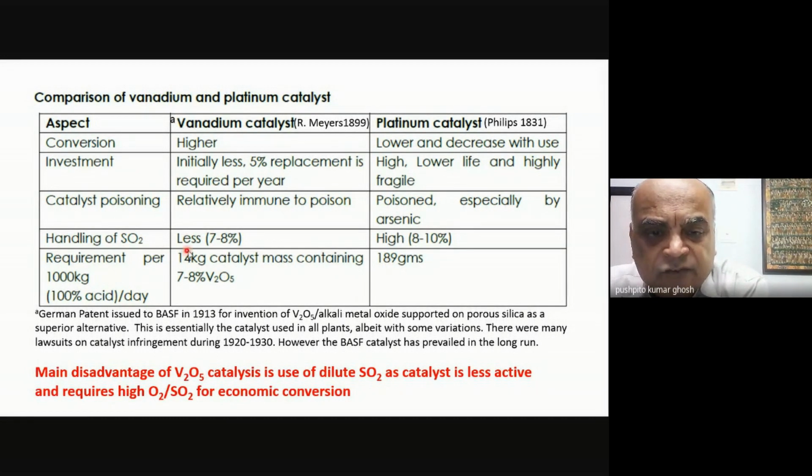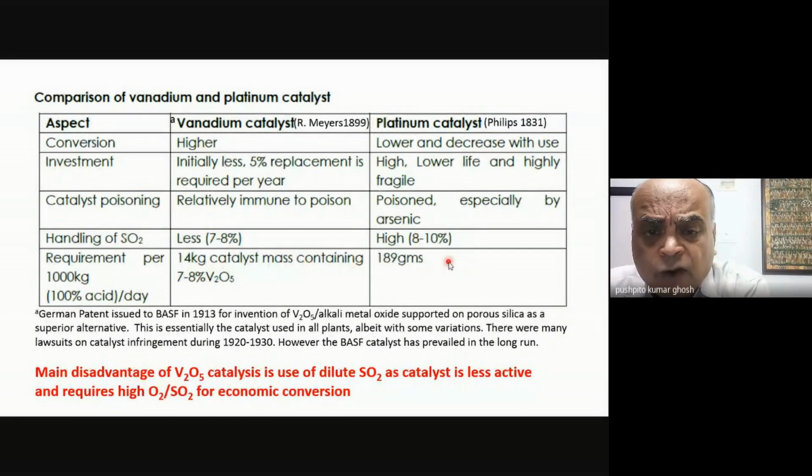In this case, though, you have a catalyst which is roughly about 14 kg in weight, in which about 7 to 8% is the weight of the vanadium pentoxide. So 92% is your promoter or your support substrate on which the vanadium pentoxide is sitting.